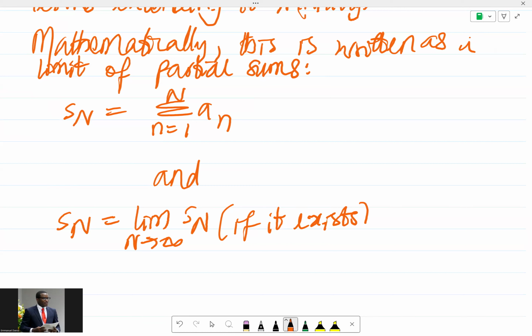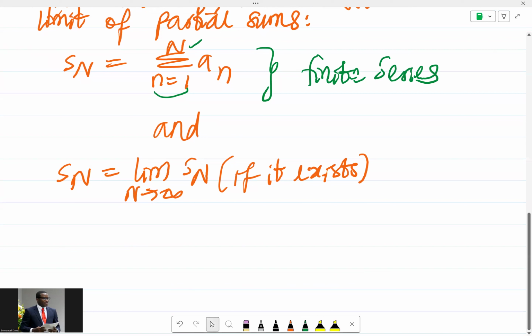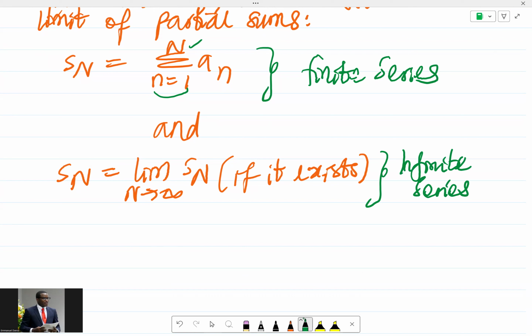So basically, the expression S_N is the partial sum, the finite series, because you start from n equals 1 and end at big N. For that finite series, you take the limit as it tends towards infinity, and you end up with an infinite series.